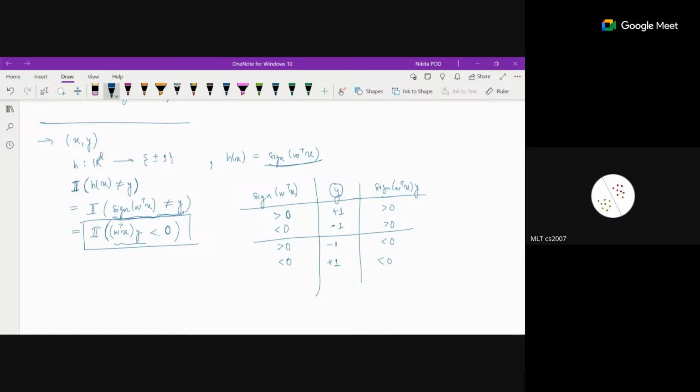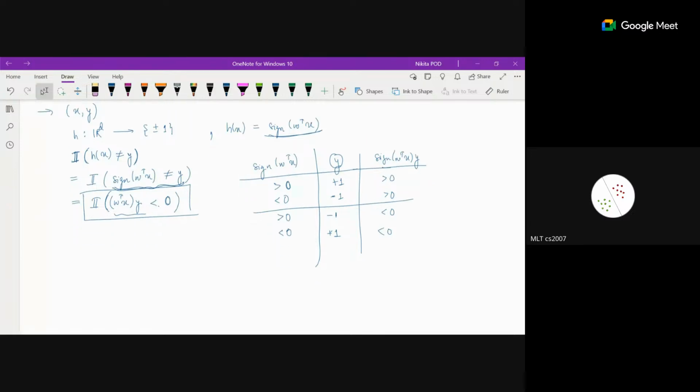So how does this loss function look if we plot it? Let's take my w transpose x to be some g of x.